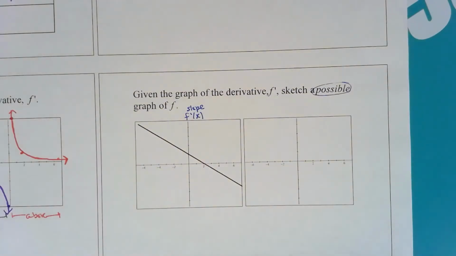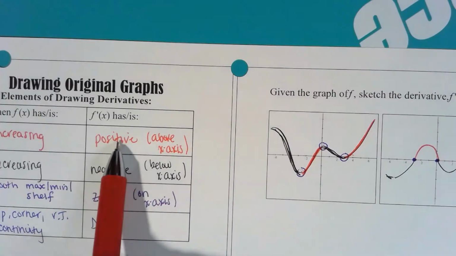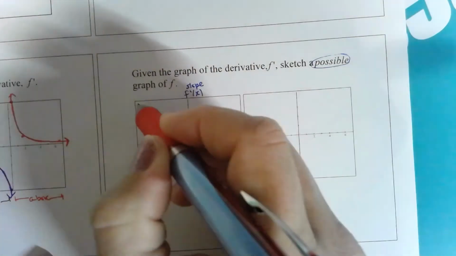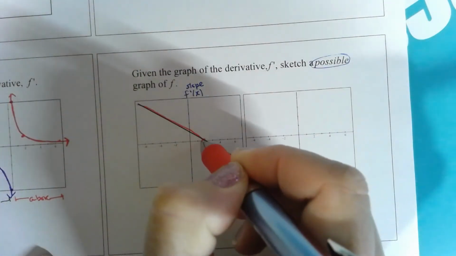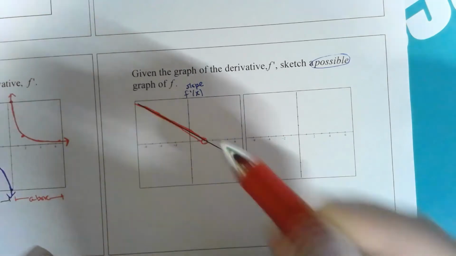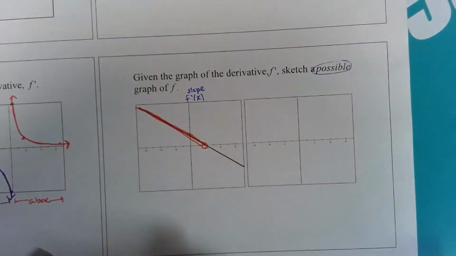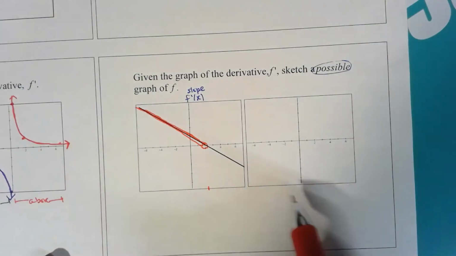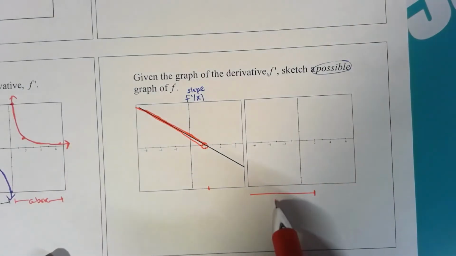When my derivative is positive, or above the x-axis, my original is increasing. Okay? This is my derivative. It is above the x-axis. I'm just shading over it in red, which means my original is increasing until I get to 2.